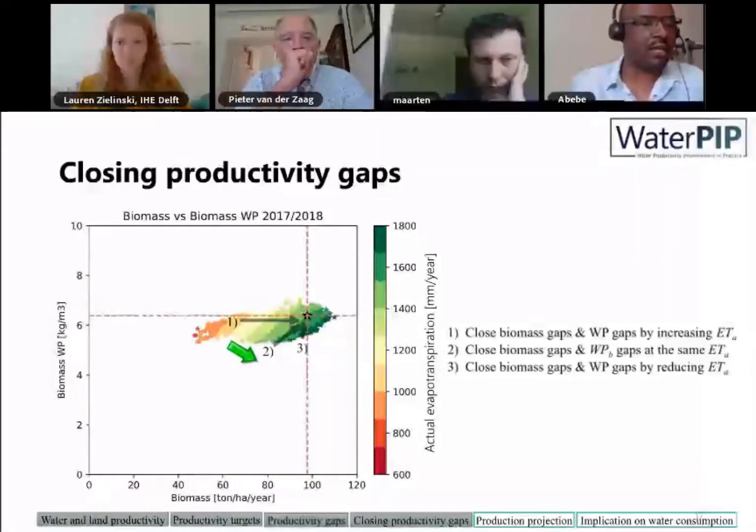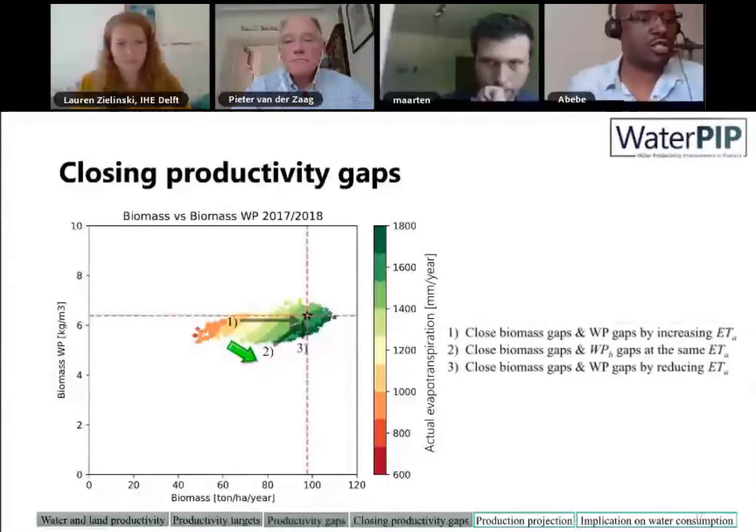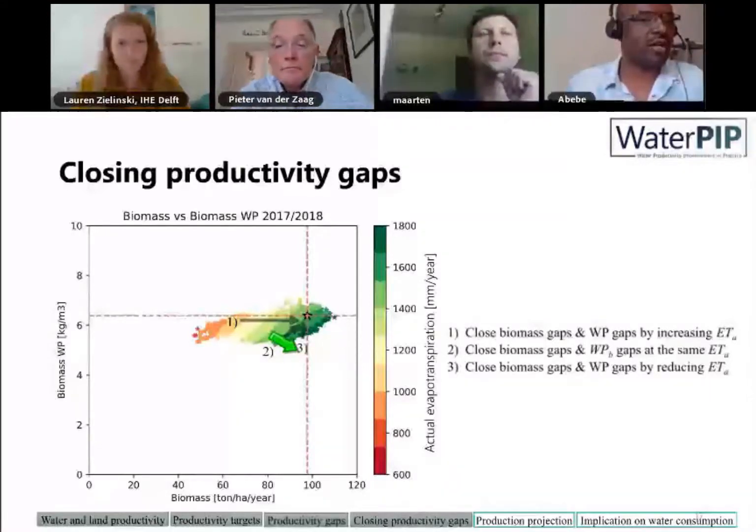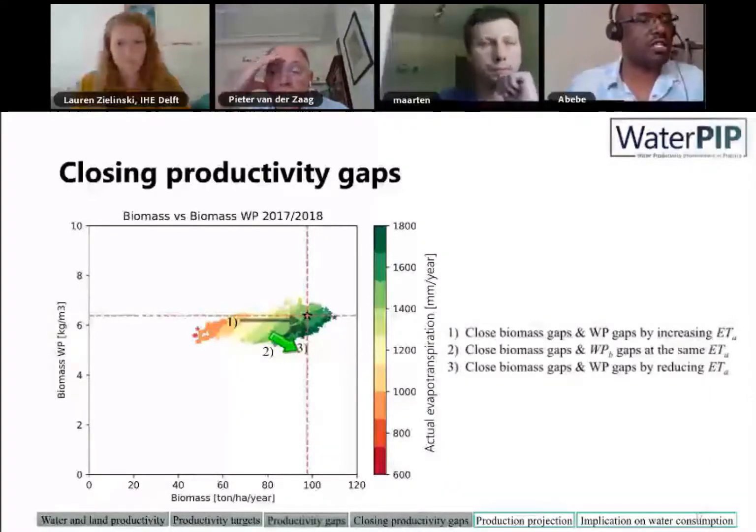It can also follow path 2, where the pixels have the same or almost equal evapotranspiration, which means it is possible to close the productivity gap without any implication to water consumption. And there is also a possibility following arrow 3, which is a vertical move, where it is possible even to save water while closing productivity.